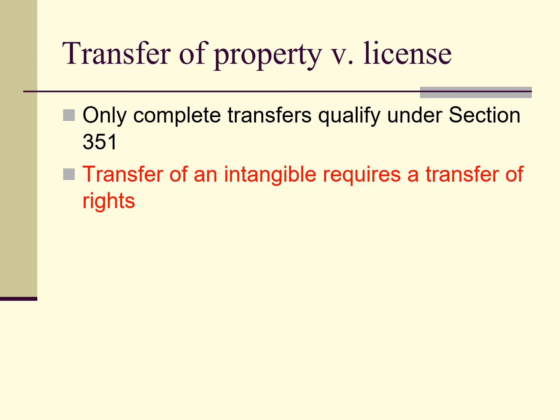In the case of an intangible, a complete transfer requires a substantial transfer of certain rights. The transfer of the physical property itself is insufficient for a complete transfer. In the case of a software copyright, for example, at least one of the copyright rights must be legally and completely transferred.